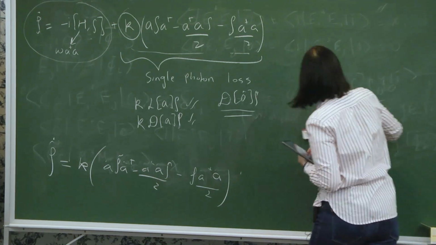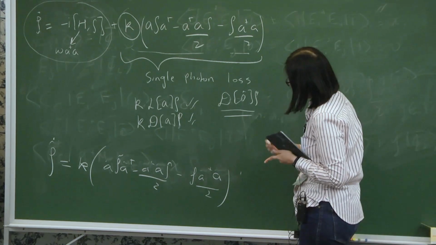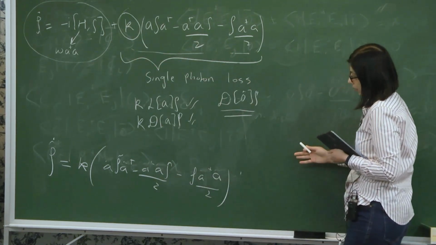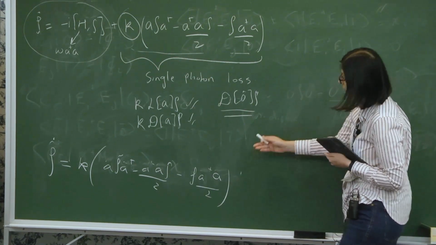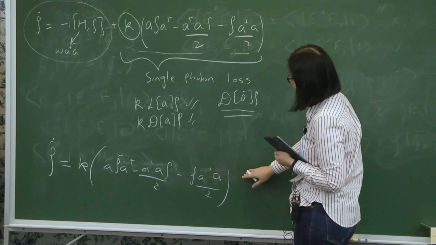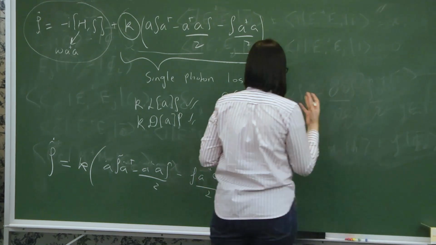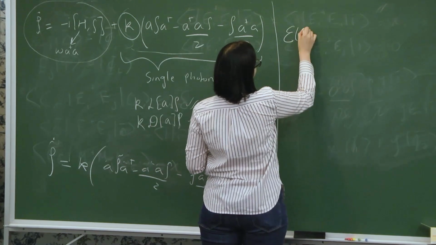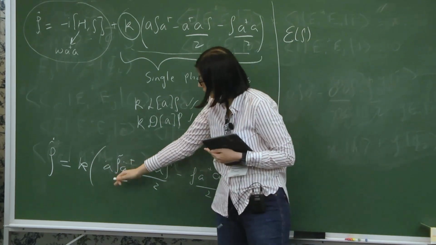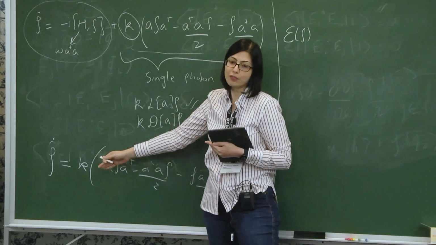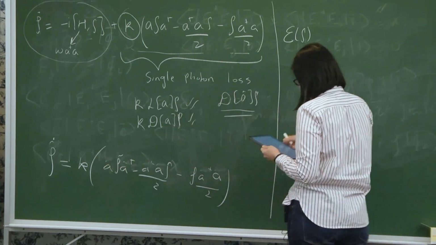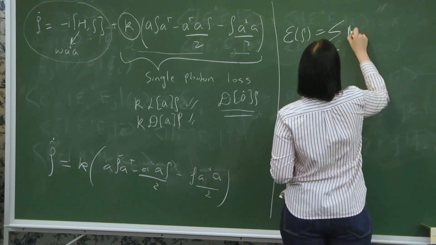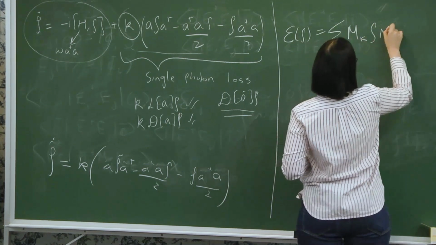So now, in terms of your Krauss operators, you can write the channel as E of rho, which is what the density matrix is after some time t. That is just equal to the summation of your Krauss operators, M_k rho M_k dagger.